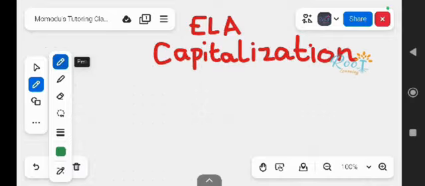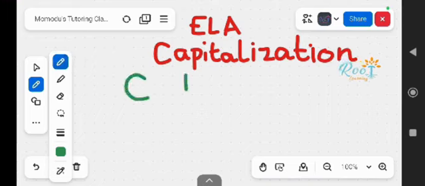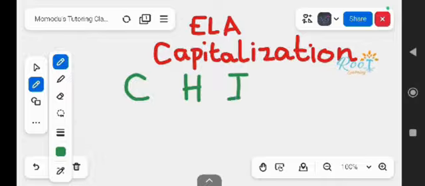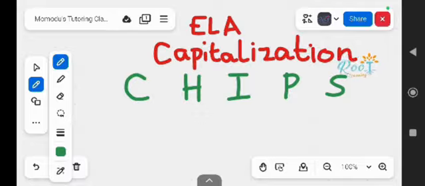Now, we have the word chips as the short code to identifying the process of capitalization. So let's begin. We have C, H, I, P, S. Now let's take each of this acronym.